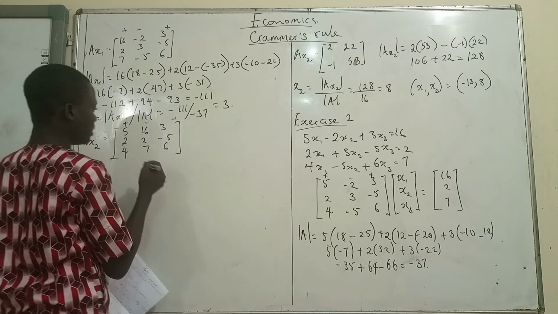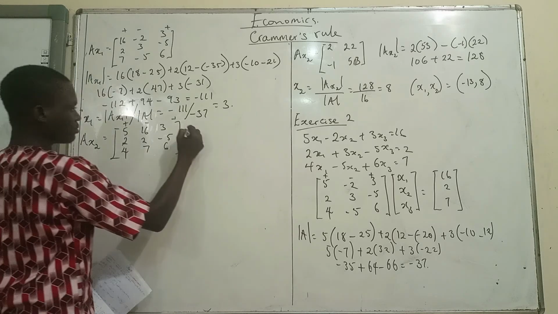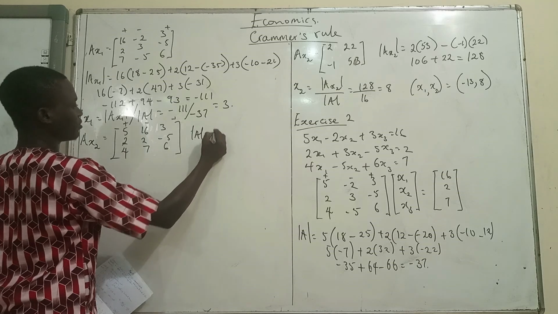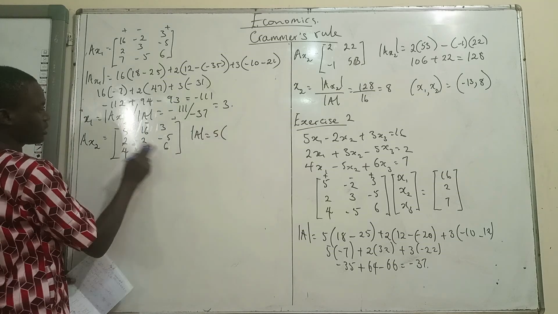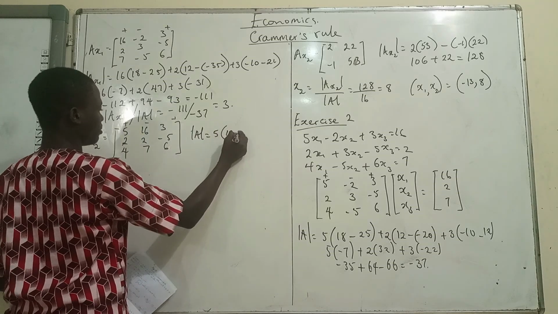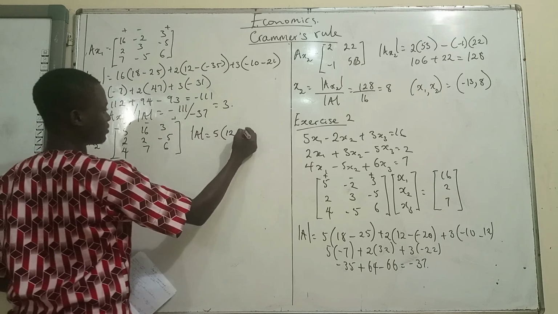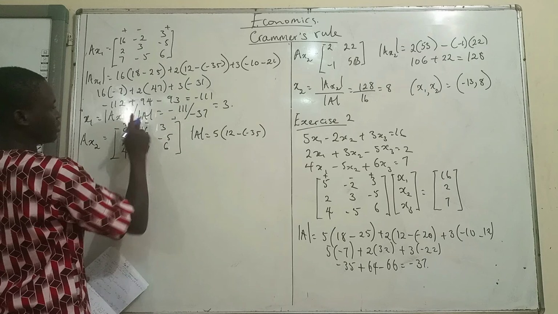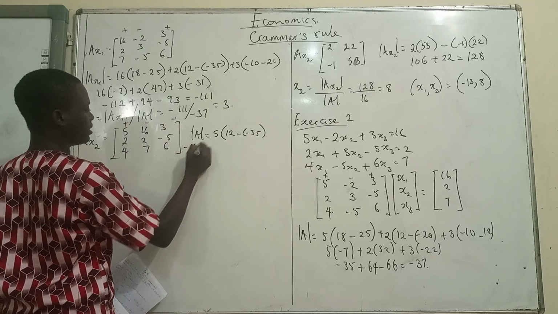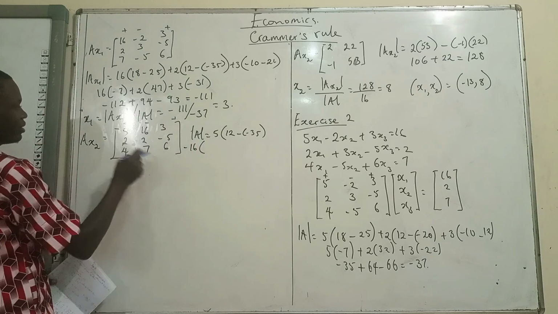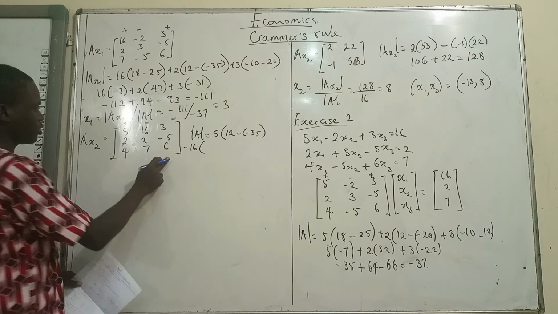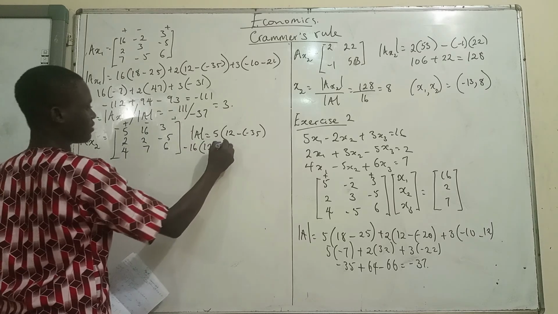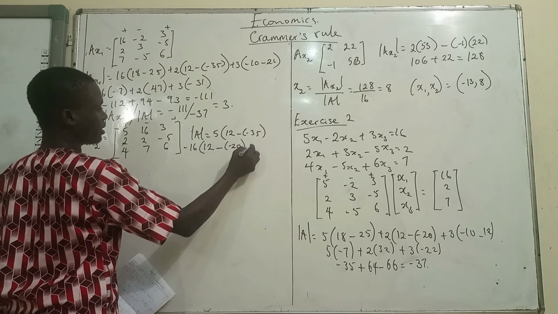So the determinant of this will then be 5 into brackets 2 times 6 is 12 minus 7 times minus 5 is minus 35, right? Then we have, this is minus on this guy, so minus 16 into brackets, okay? 2 times 6, 12, 12 minus 4 times minus 5 is minus 20, okay?